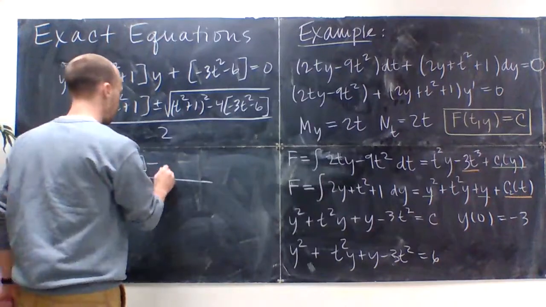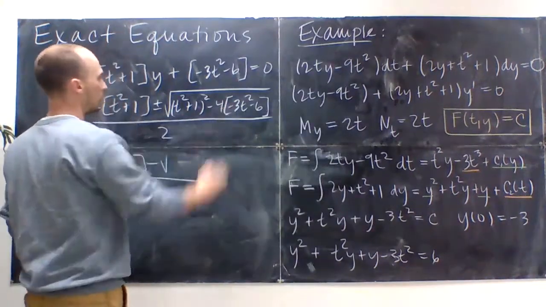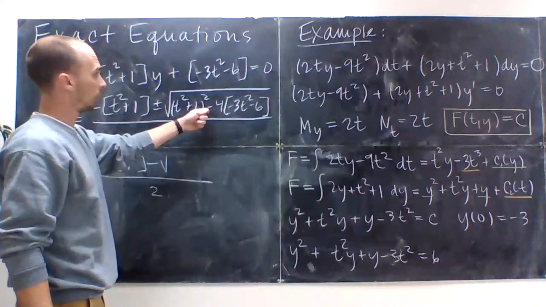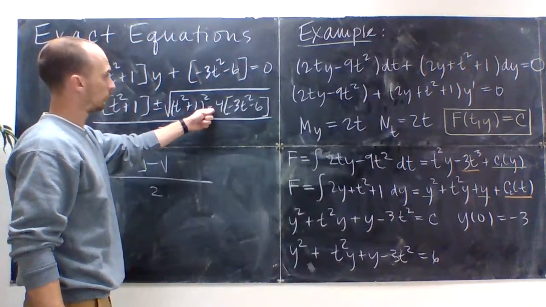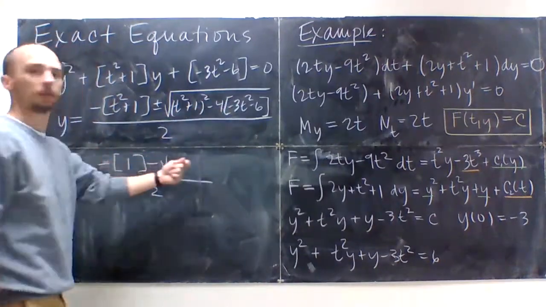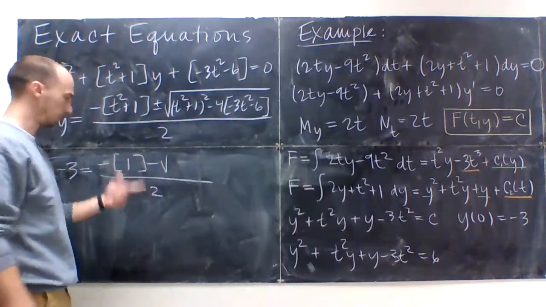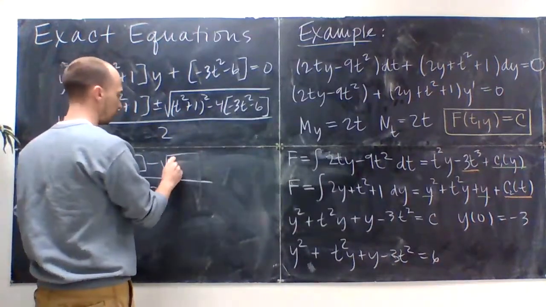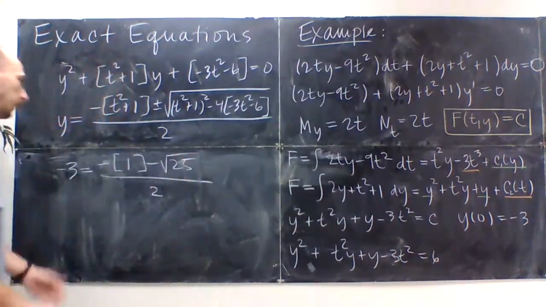So it's going to be minus that square root, which presumably 1 plus 24 is 25. Yeah, there it is. -1 minus 5 divided by 2 is -3. Okay, minus that square root of, turned out it was 25.